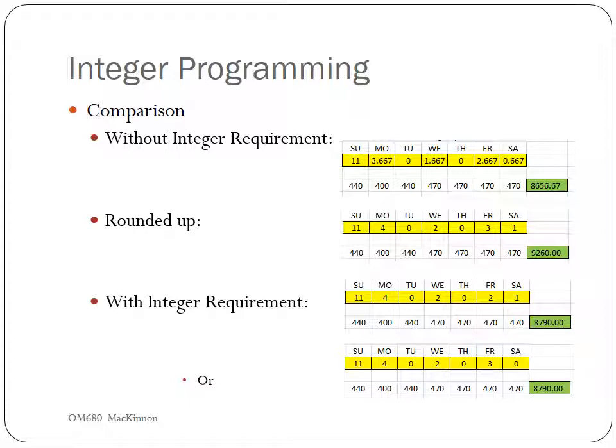But it is better than simply if we round. We get a slightly different solution, a little different mix of people and days, but they are both better than simply rounding. So as you can see, dealing with an integer requirement by rounding is not necessarily the right thing to do. And so we end up putting the integer requirement in solver.